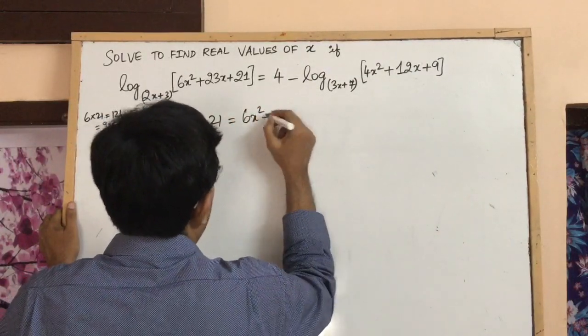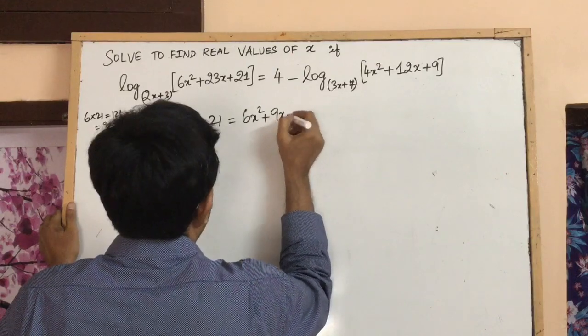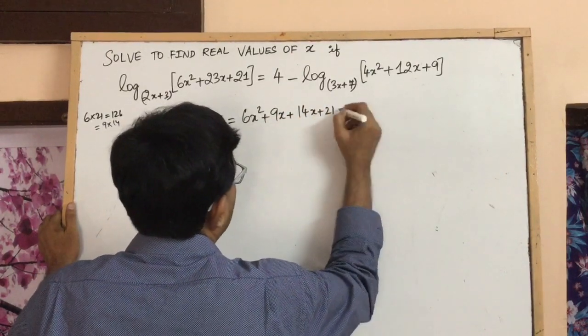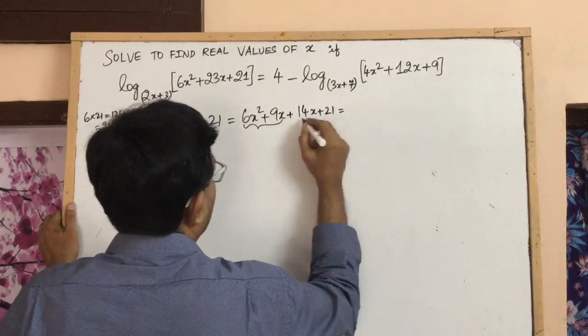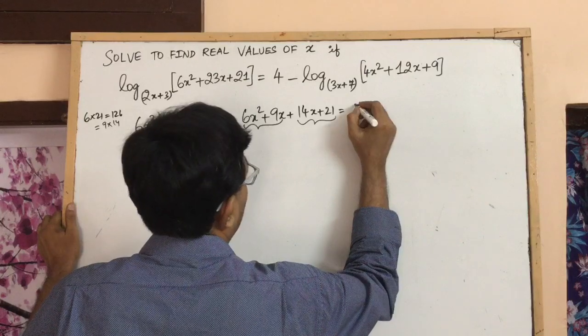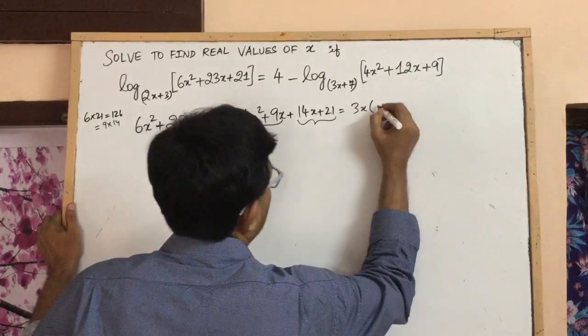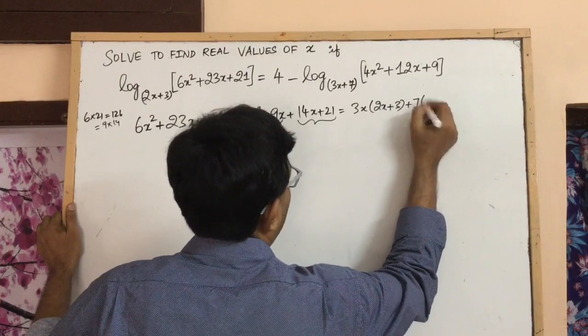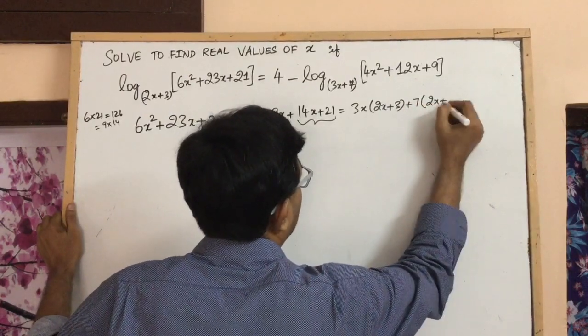This is 6x squared plus, let's split it this way, 9x plus 14 times x plus 21. So the common terms from this would be 3x times 2x plus 3 plus 7 times 2x plus 3.